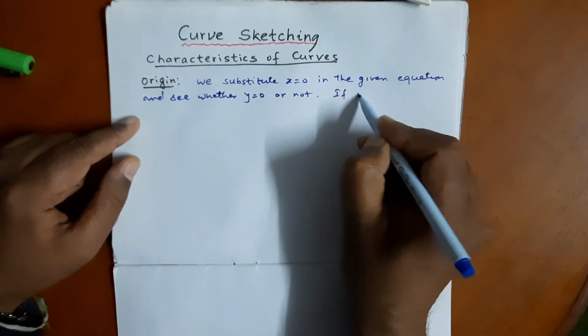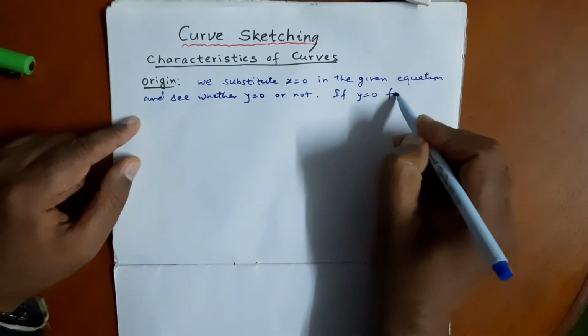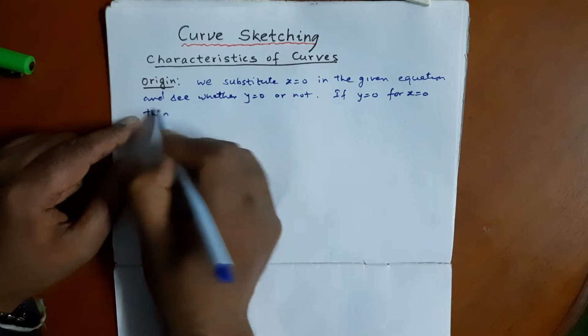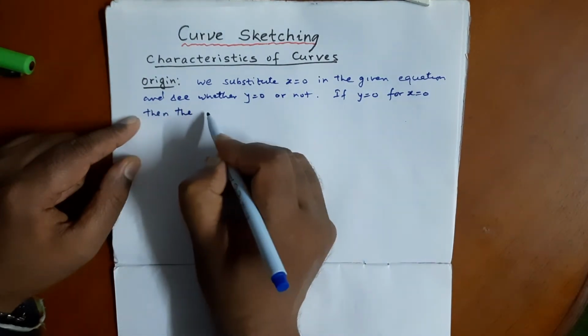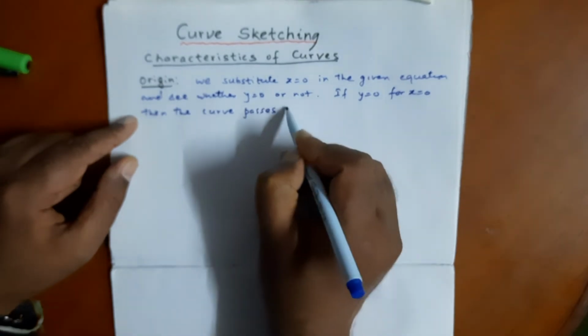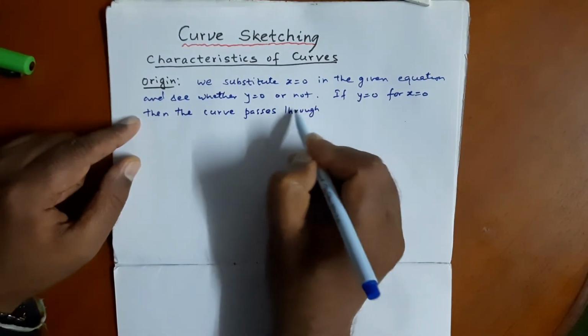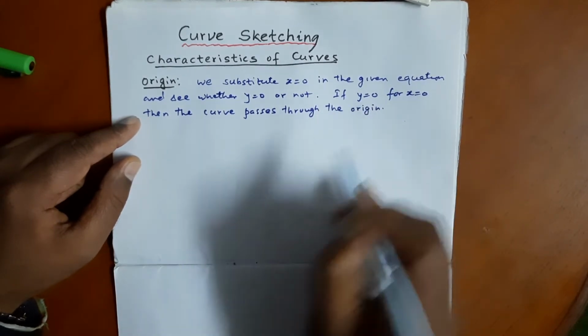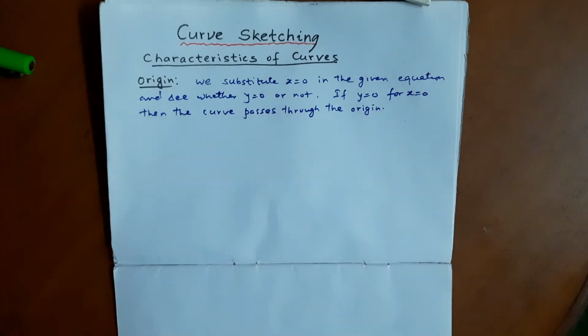If y equals 0 for x equals 0, then the curve passes through the origin, otherwise it does not pass through the origin.